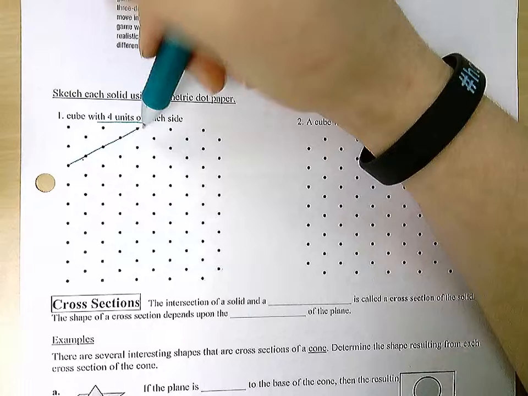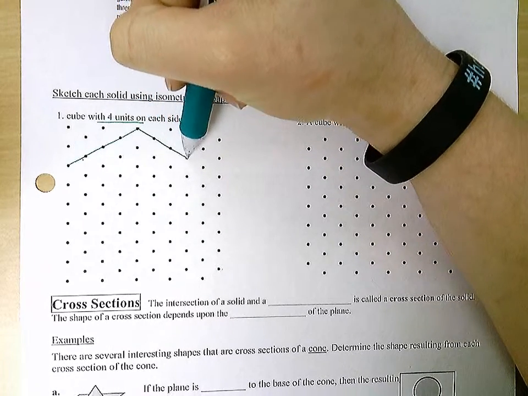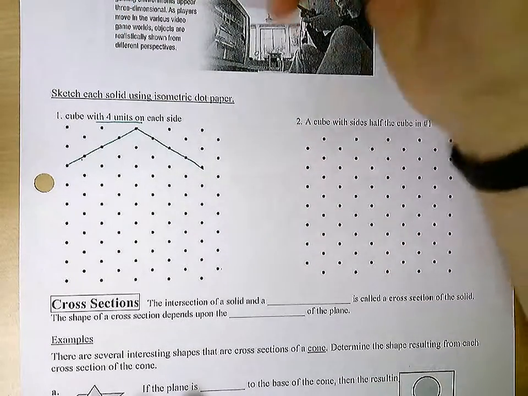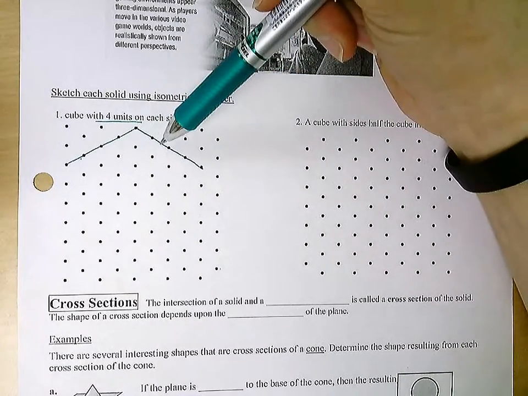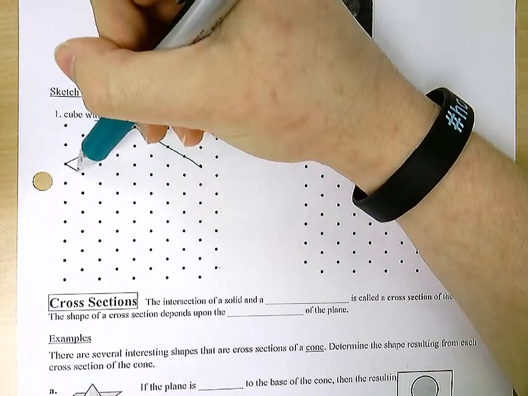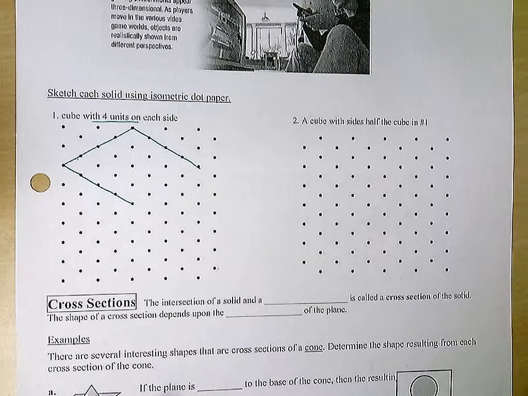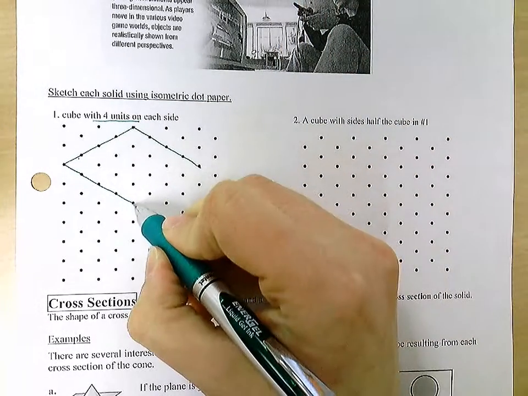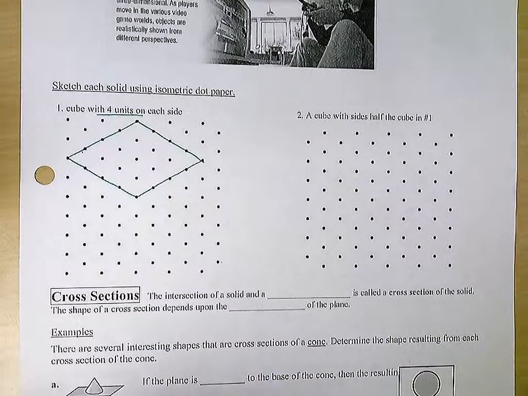Same thing this way, 1, 2, 3, 4 units. Since it's a cube, that means it is a parallelogram. So the side opposite, this side here, has to be parallel to it. So I'm going to draw in another one. 1, 2, 3, 4. Same thing with this side. Its opposite side has to be parallel. 1, 2, 3, 4. This isn't a cube yet, right?